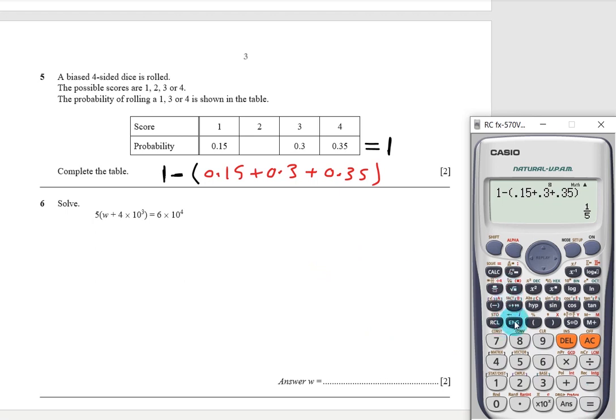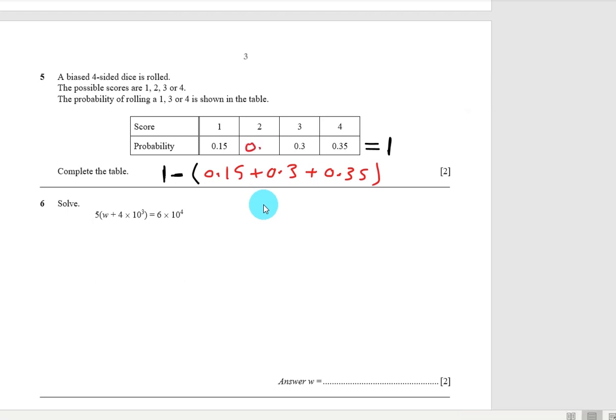So the probability here of 2 is 0.2. So I go here and write 0.2, and this is my answer.